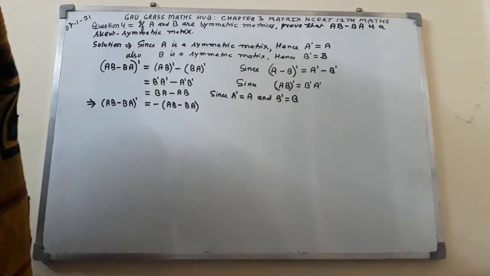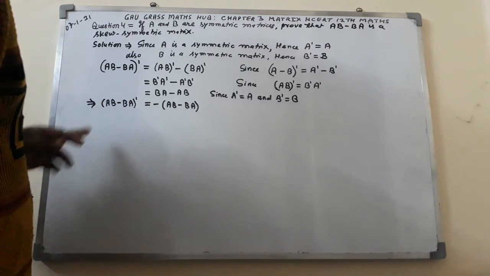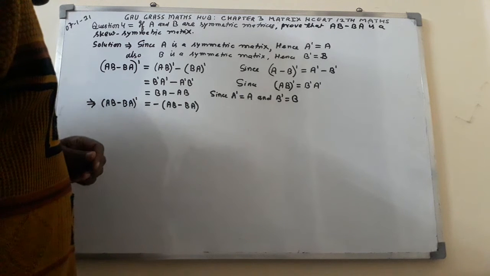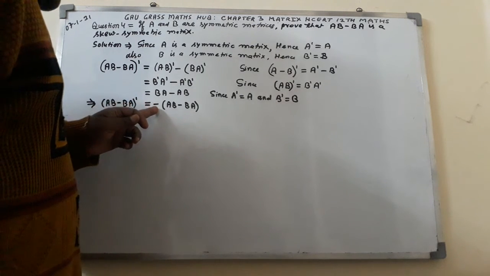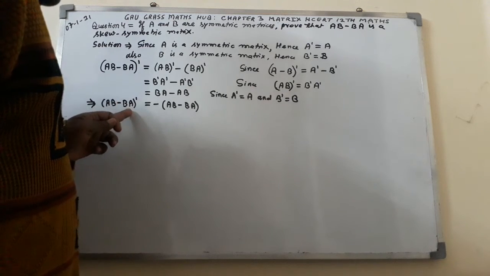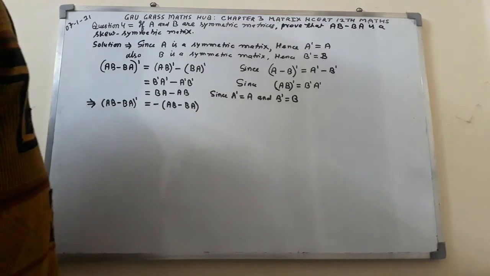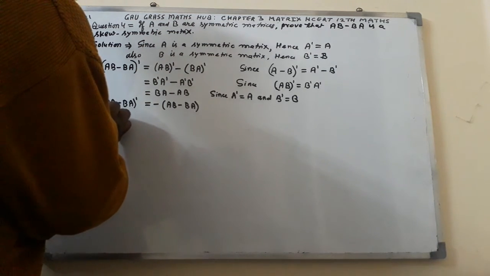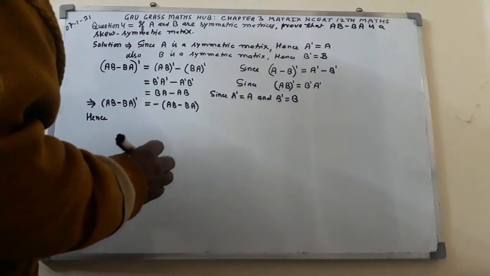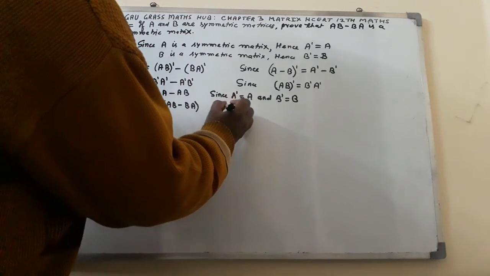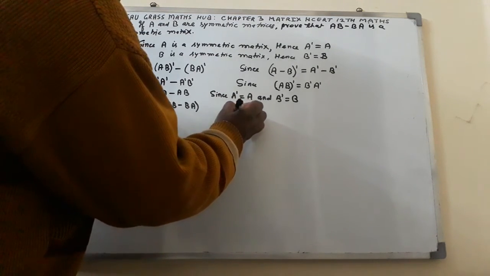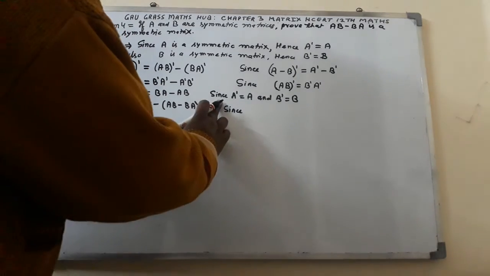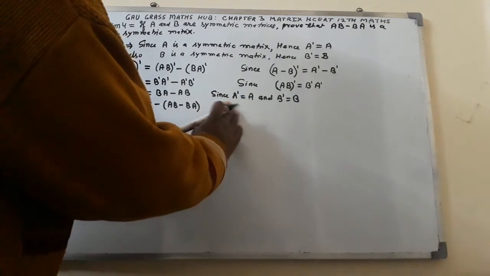Same result you have got: the transpose of AB minus BA is equal to minus AB minus BA. This means, hence, we can write very well, since the formula is there. Don't write this one, not required.